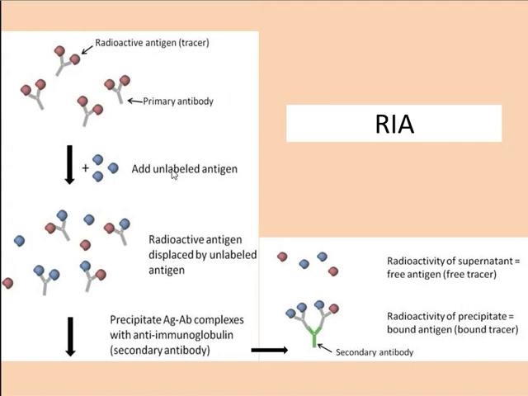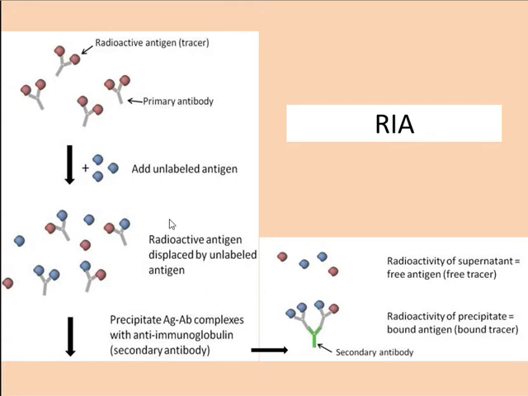If there was more antigen in the serum, and this serum antigen is unlabeled, it would occupy more antigen binding sites of the antibody. So this complex will have more serum antigen than labeled antigen, and it is this complex which you get in the pellet after centrifugation. So the radioactivity will be less.